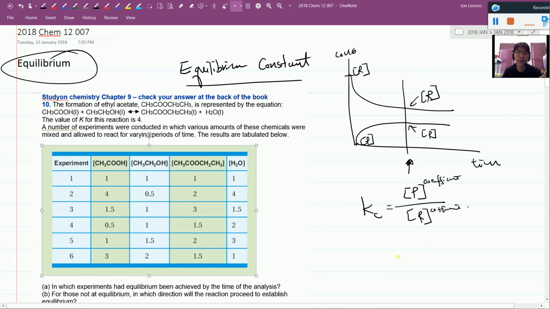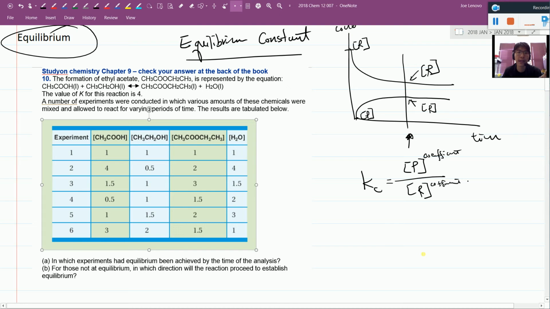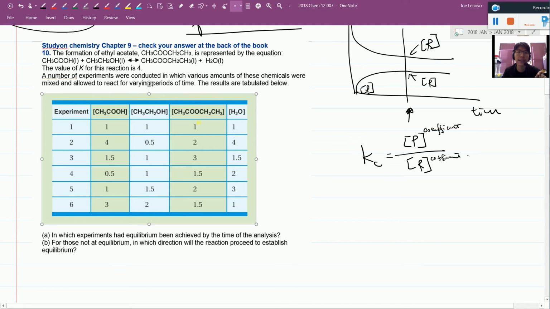To help you remember what we've been doing, I'm using this example again: the formation of ethyl acetate, the product on this side. Ethanoic acid, CH3COOH, reacts with ethanol, CH3CH2OH, to make ethyl acetate, and this process is a condensation.